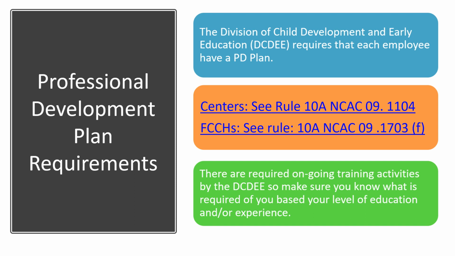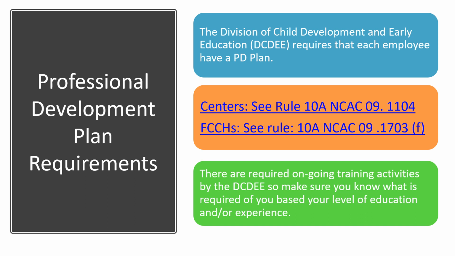It is important to note that the North Carolina Division of Child Development and Early Education, or DCDEE, requires that child care center staff and family child care home providers have PD plans. This slide references the DCDEE rules if you want to read more. Essentially, you need to complete a PD plan within 1 year of employment and review the plan annually.